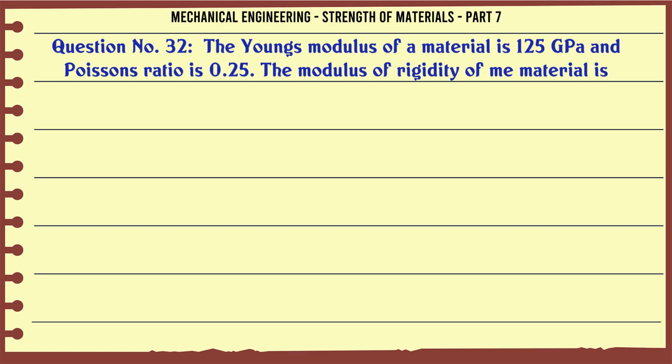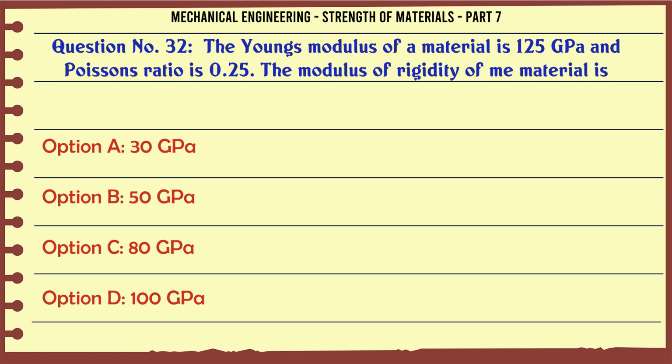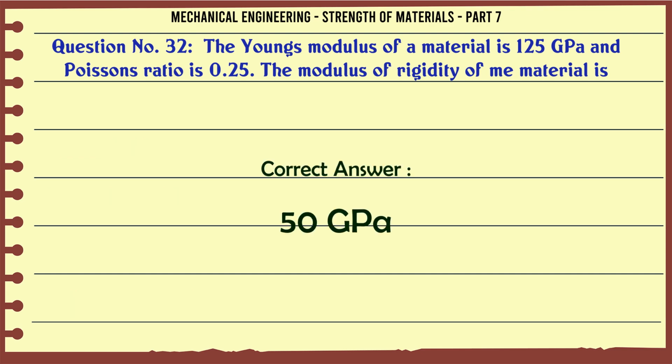The Young's modulus of a material is 125 GPa and Poisson's ratio is 0.25. The modulus of rigidity of the material is: A. 30 GPa, B. 50 GPa, C. 80 GPa, D. 100 GPa. The correct answer is 50 GPa.